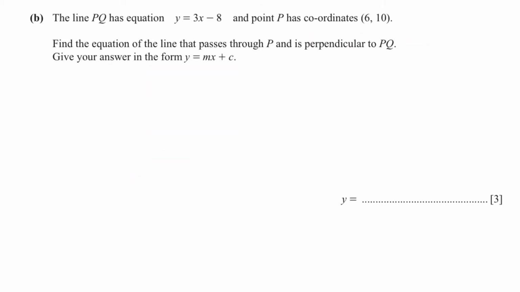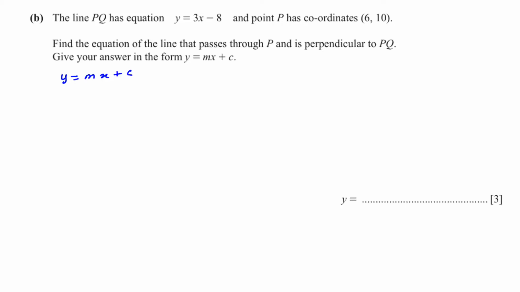In part B, the line PQ has equation y is equal to 3x minus 8 and point P has the coordinate 6, 10. Find the equation of the line that passes through P and is perpendicular to PQ. Give your answer in the form y is equal to mx plus c. We write the equation of the line as y is equal to mx plus c.